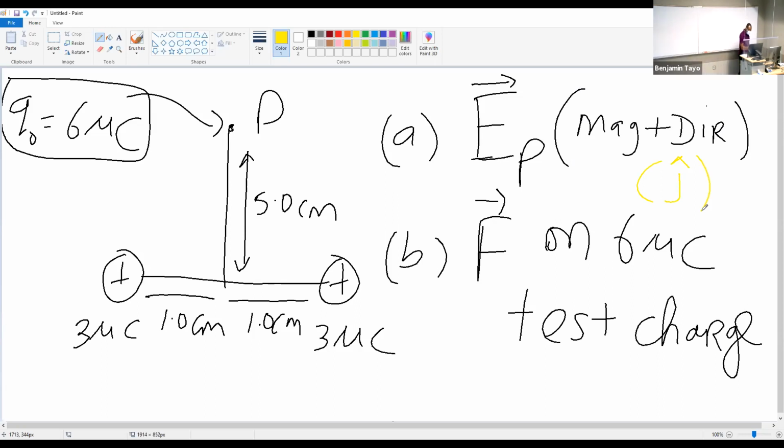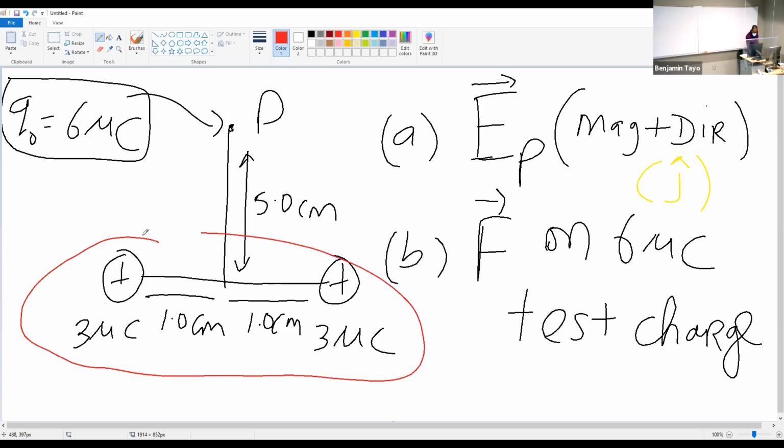When you solve this problem, these two charges here are my sources. So I have two source charges. I want to calculate the electric field at that point. Then once you know what the electric field is, you can just calculate the force.